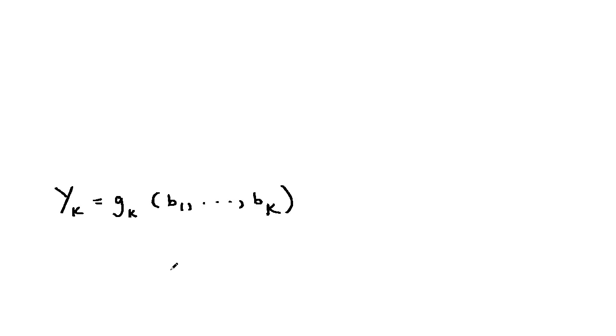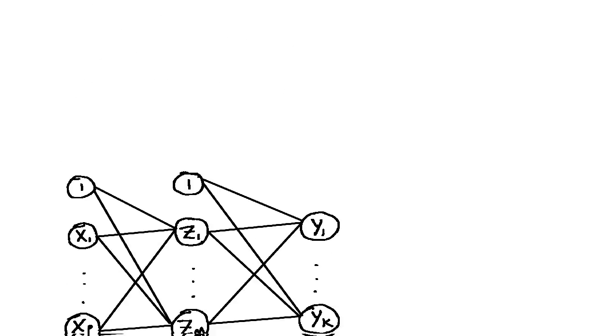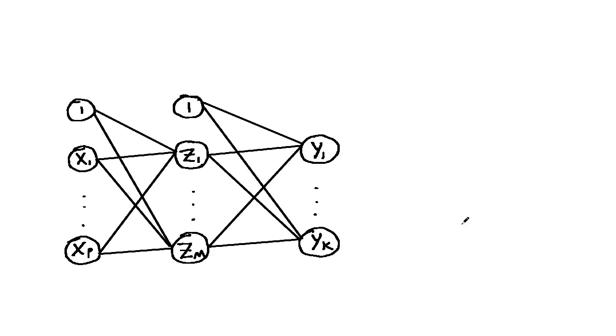Suppose we have such activation functions g sub k for each k ranging from 1 to big K, and that we defined y sub k in the same way. We can represent the y sub k as follows.